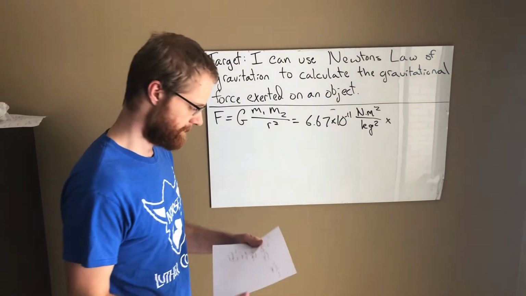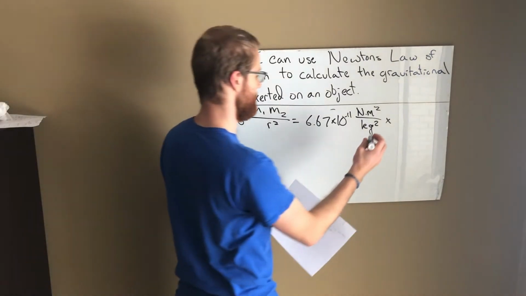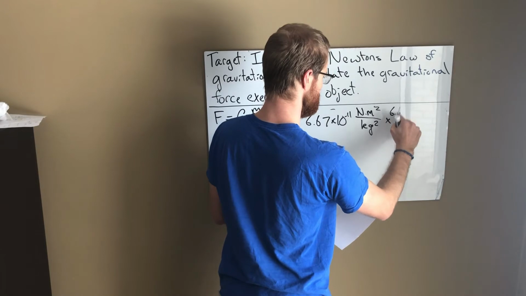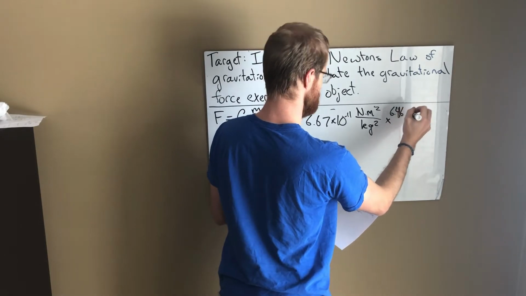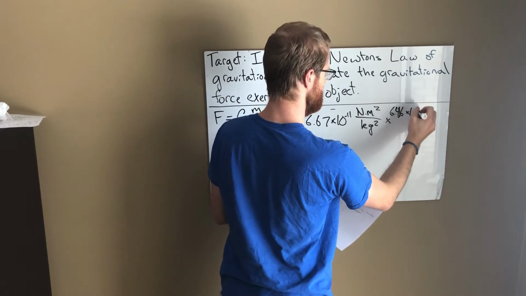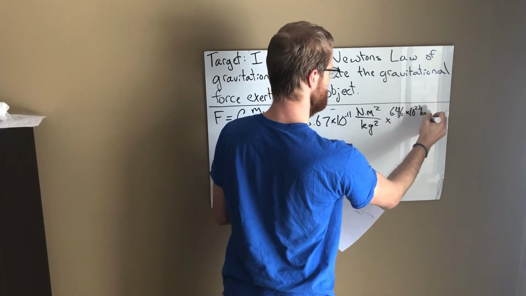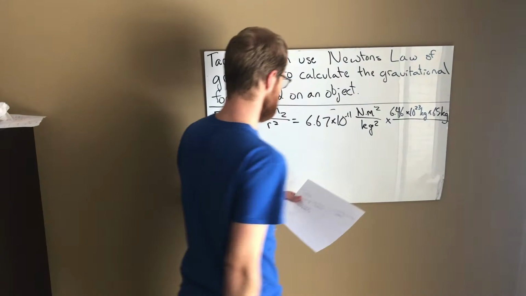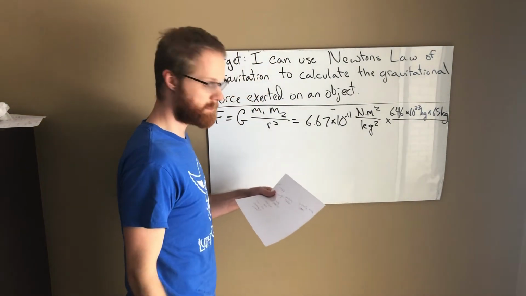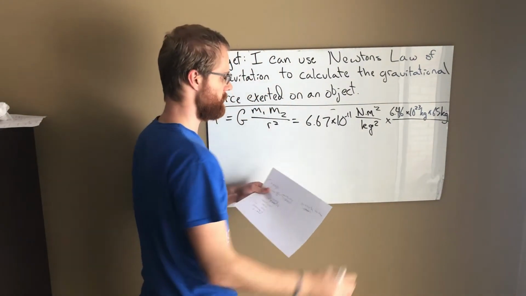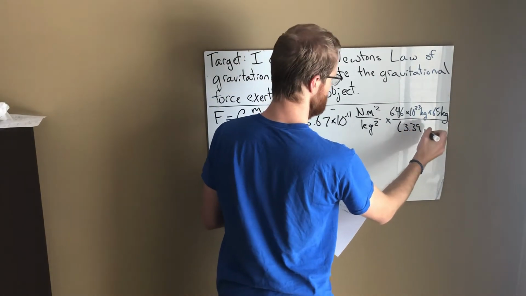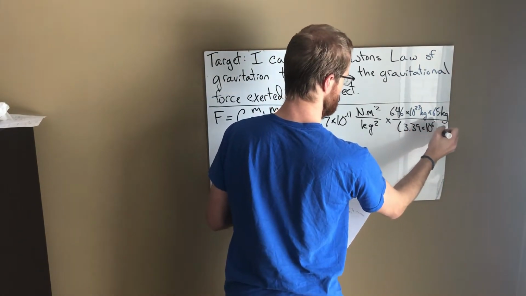I'm going to put the mass of Mars first since that was the first mass I had. Times 6.46 times 10 to the 23rd kg times 65 kg divided by the radius of the planet. So that's going to be 3.39 times 10 to the 6th meters.